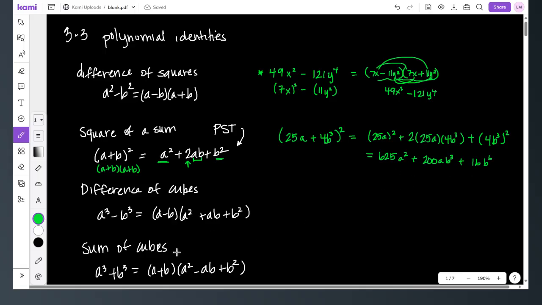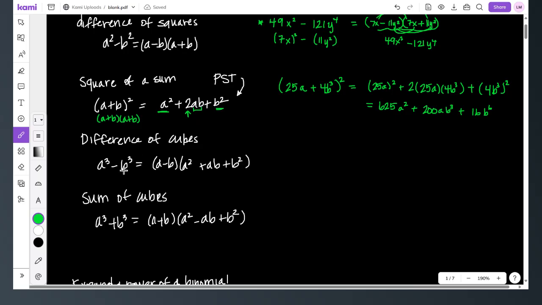All right, difference of cubes. Difference of cubes is kind of like difference of squares, but these are both cubed, and this is what it will factor into. So let's go 8x cubed minus 27y to the ninth.